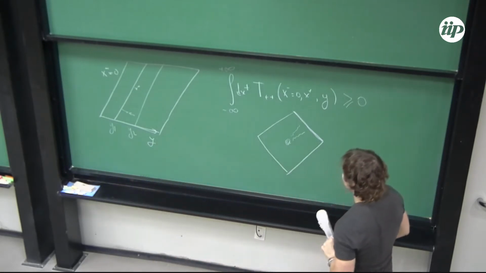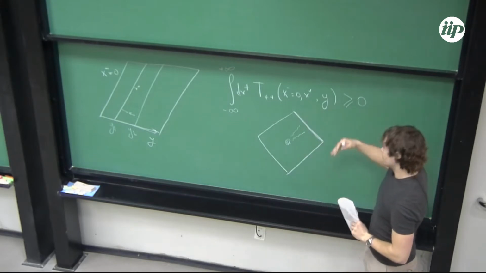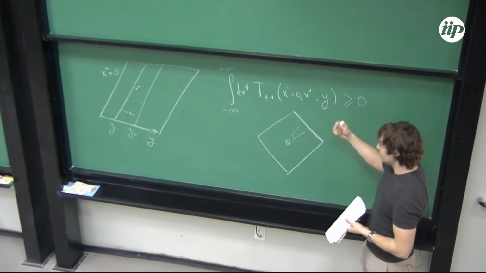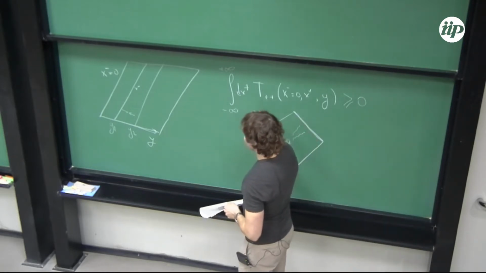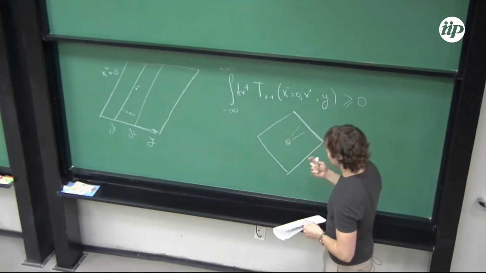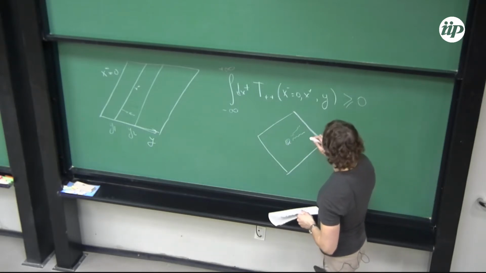And Hofman and Maldacena studied the energy detectors, just a single energy detector, and then they argued also that when you want to take the OPE of two energy detectors, then, how should I say this?